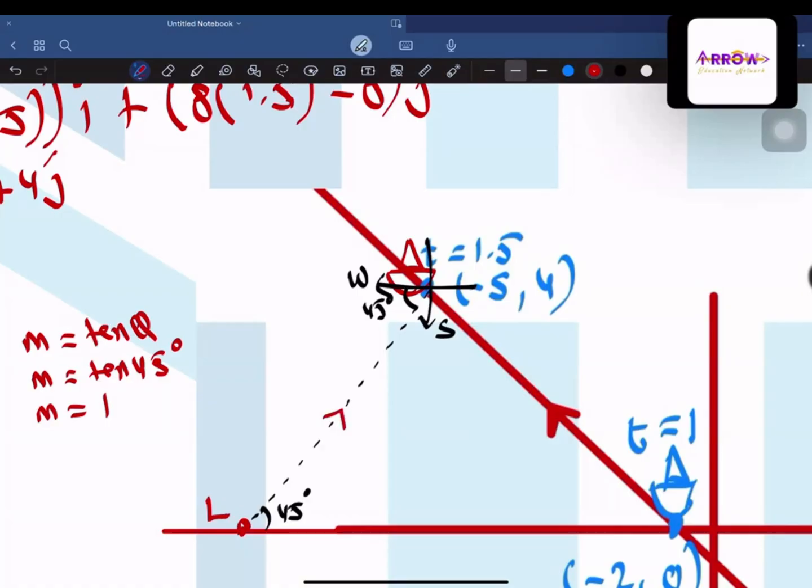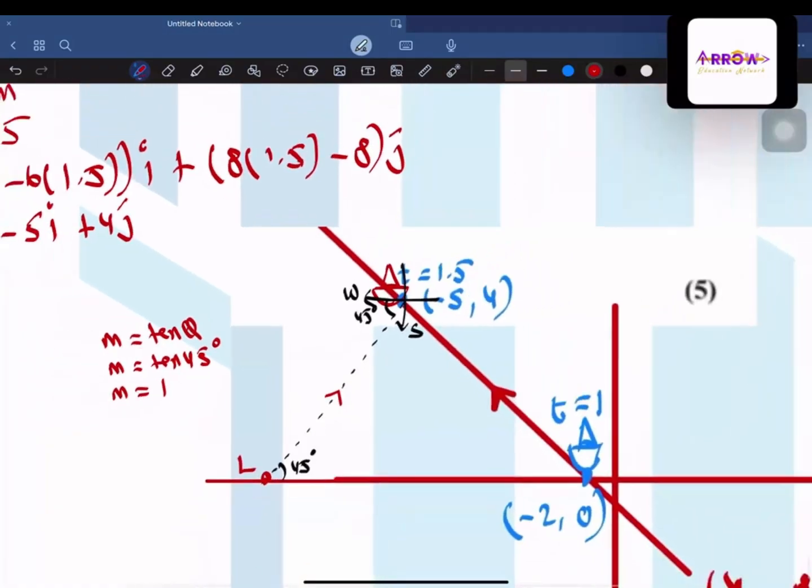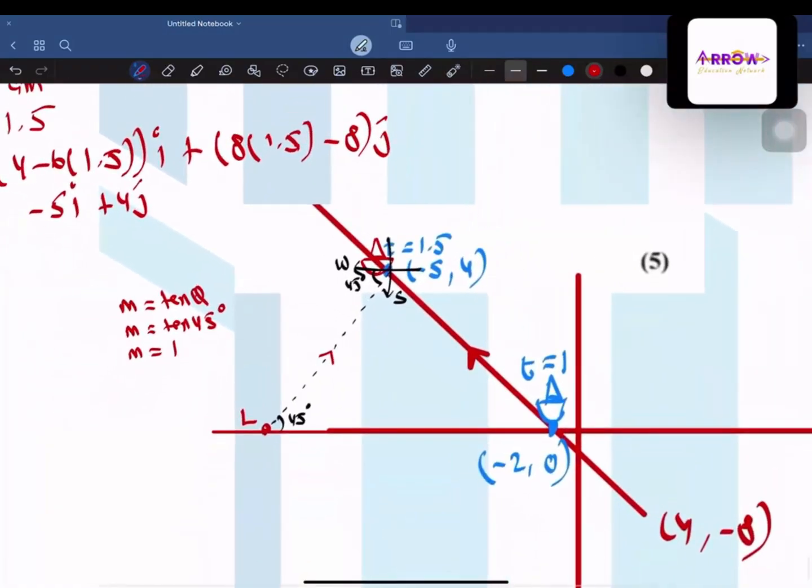So I'm going to find this LS vector over here. The gradient of this line is 1. We have already known that this point is minus 2 comma 0 and this point is minus 5 comma 4. And we also know that point L is on the horizontal axis.